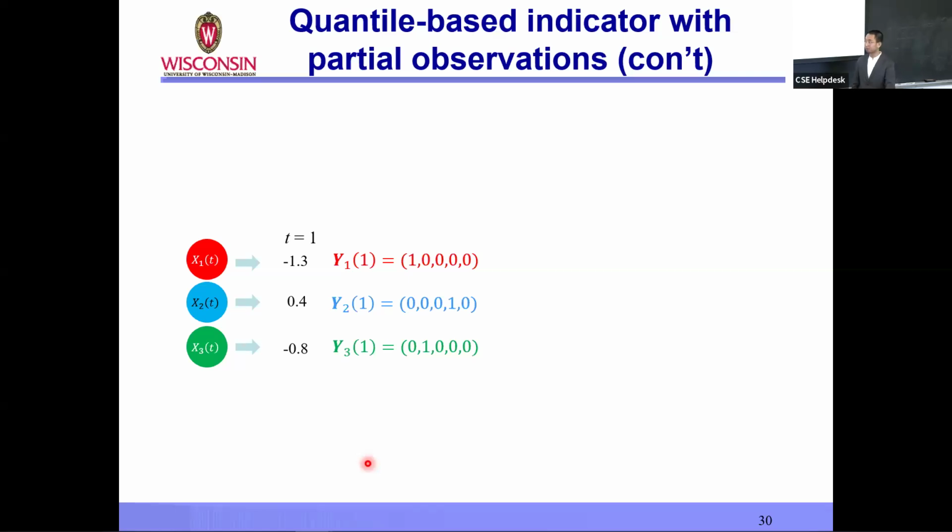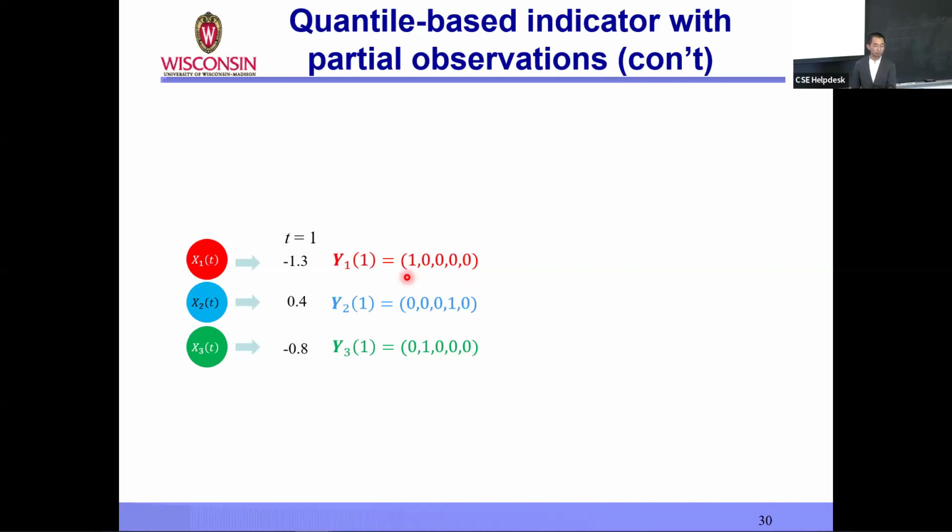However, there is one issue with such indicators: we lose some ordering information when we transform the original measurements into the indicator. See the y's here. The problem is that we don't know which position of the vector the 1 lies in.